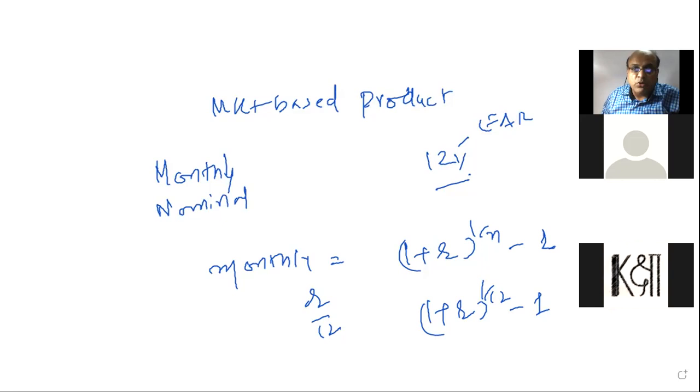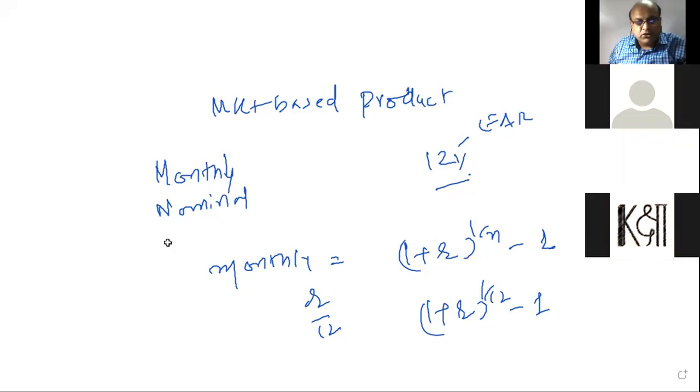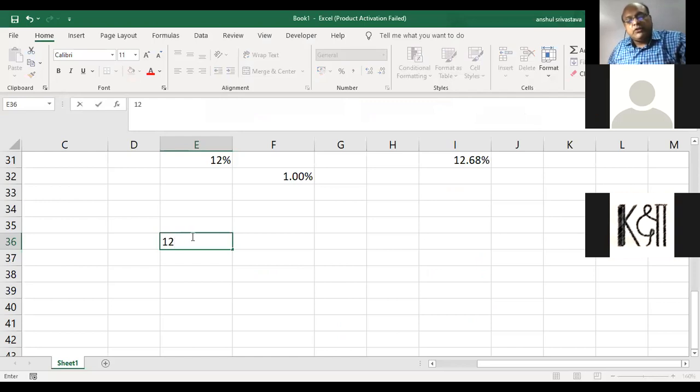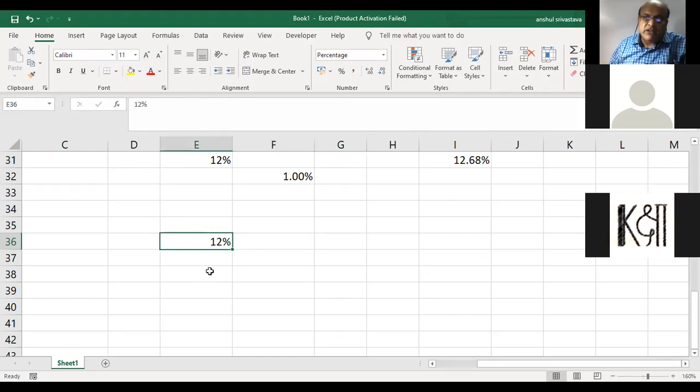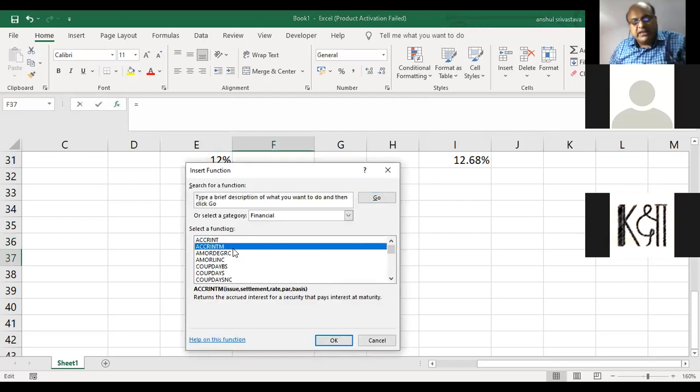So let me show you what is the implication of this formula. If I am going to invest in a mutual fund at 12%, but I am going to do an SIP, let's say I am investing 5,000 rupees per month in a mutual fund, and my expected rate of return is 12%. What is the amount of money I'll have after 5 years?